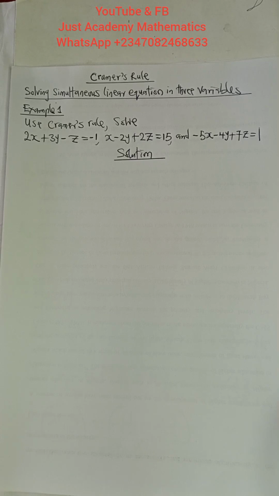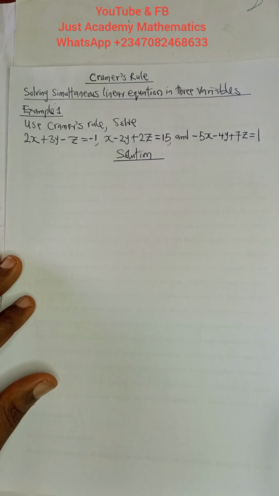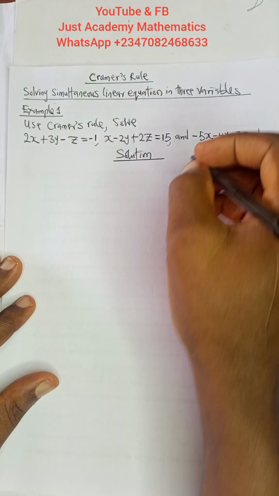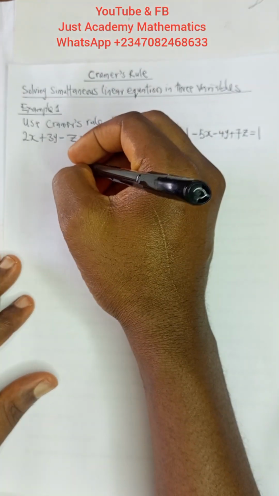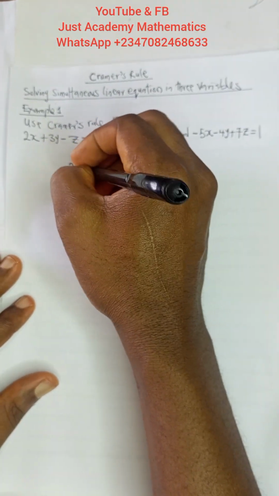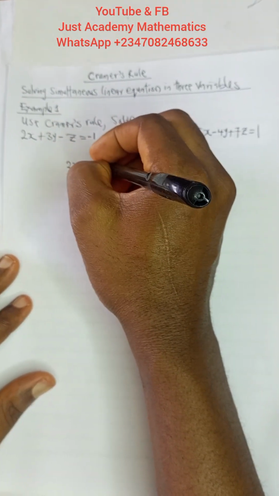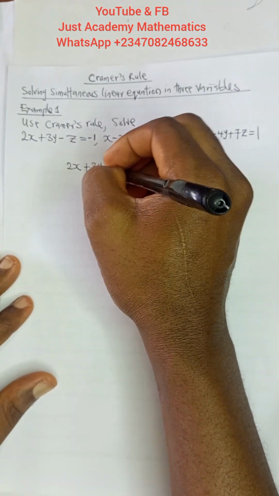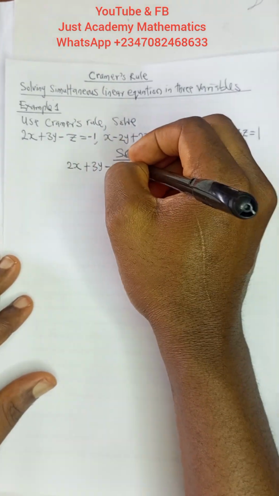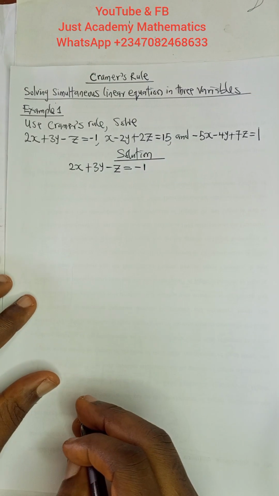So just like 2x2, the first thing we need to do is to state the equation. What do I mean by state the equation? This is what I mean. 2x plus 3y minus z is equals to minus 1. That is equation 1.